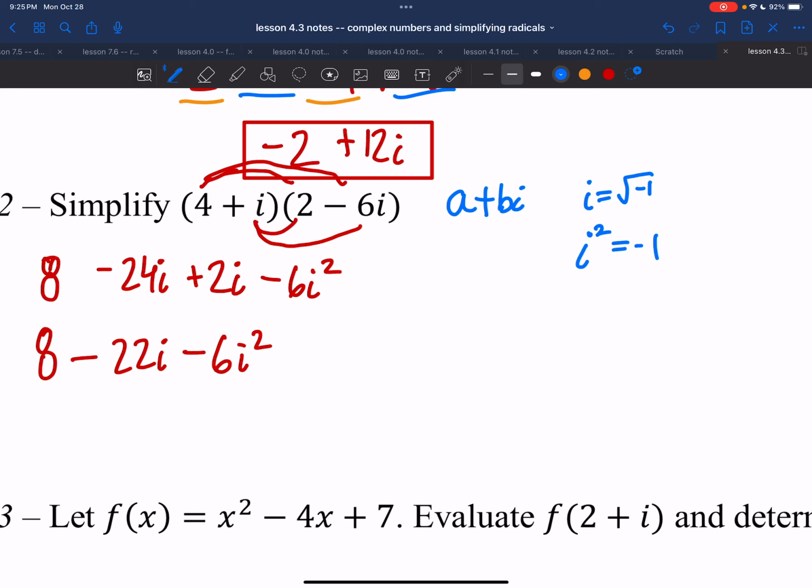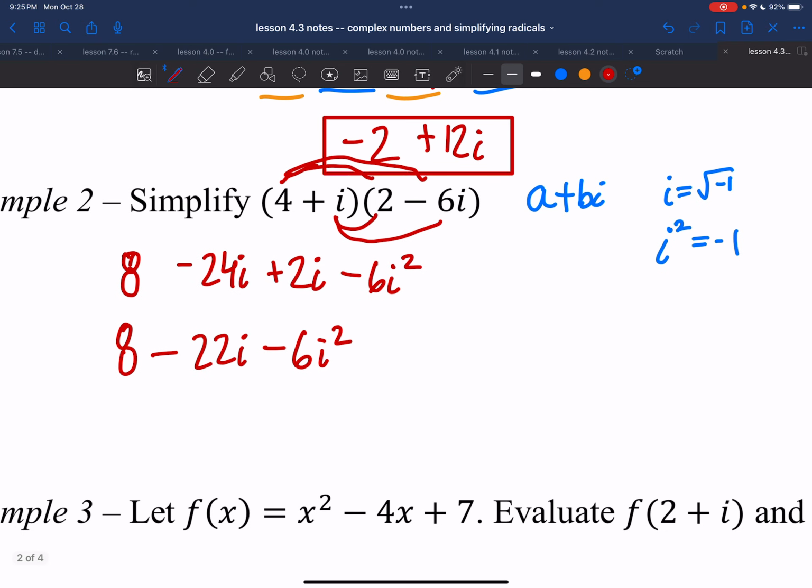So i squared is negative 1, by virtue of our definition. So this is 8 minus 22i minus 6, and then i squared is just replaced with a negative 1.